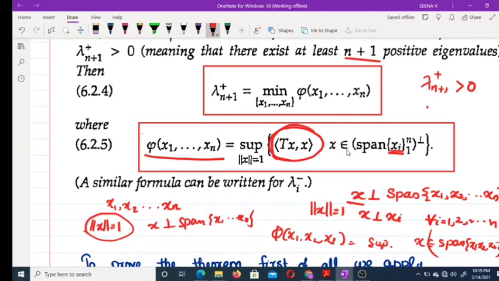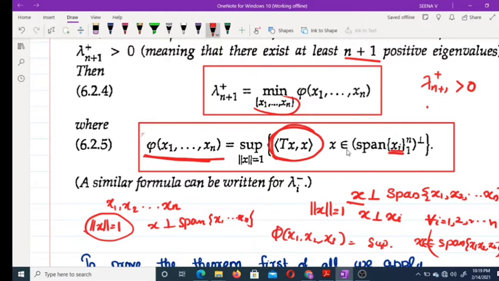Clear? So now, after evaluating each phi of x1, x2, etc., xn, we are considering those n tuples x1, x2, etc., xn.